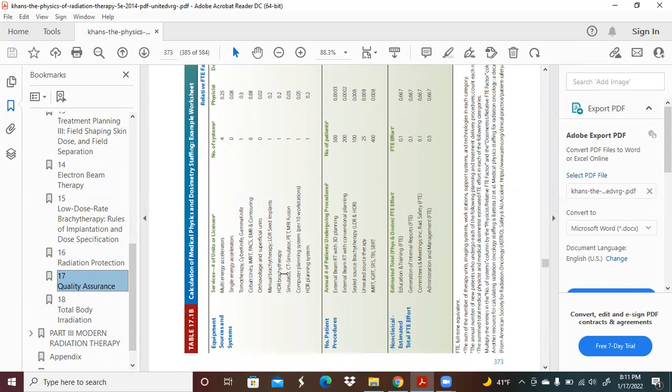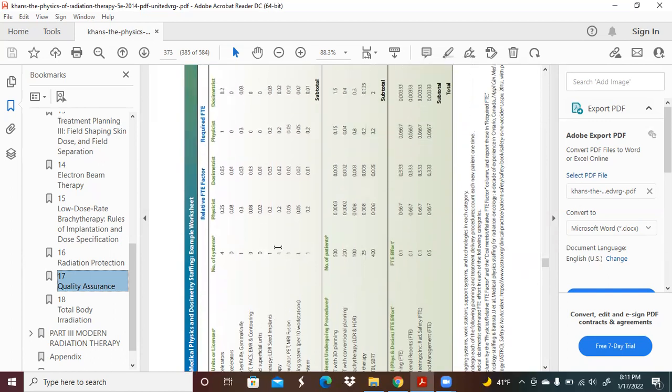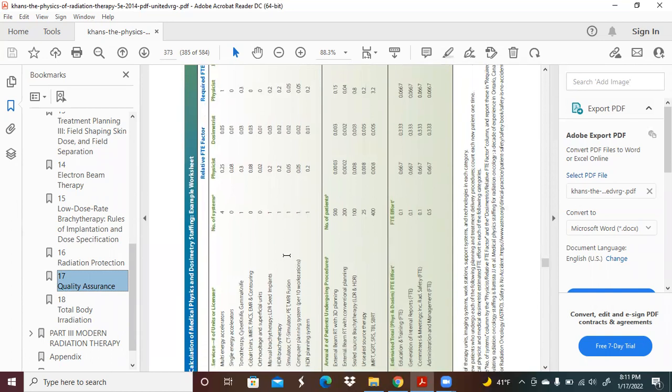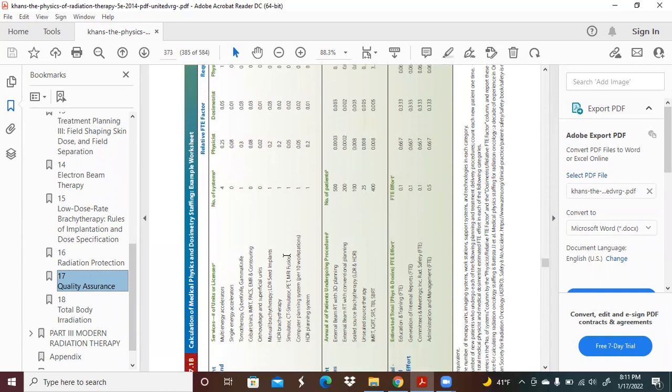You have some recommendations here regarding staffing for different types of procedures. Again, I don't know exactly who all is still using cobalt units here in the States. I think that's probably been sent out a lot to perhaps developing countries. And even there, I'm not exactly sure how common they are. Same thing with orthovoltage and other things.